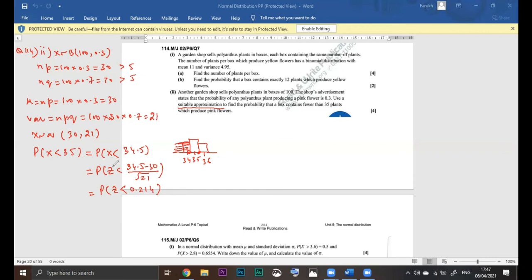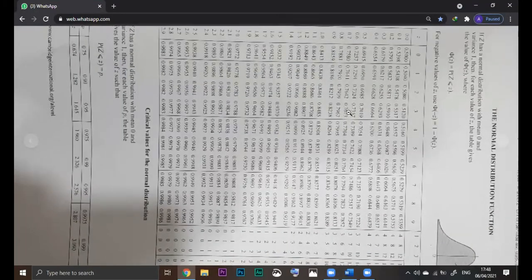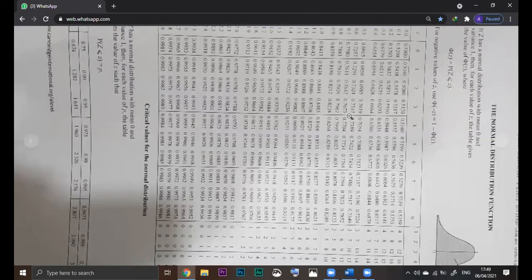This one is the normal distribution table and the value of Z is 0.214. The value opposite to 0.21 is 0.5832. Please correct me if I am wrong.